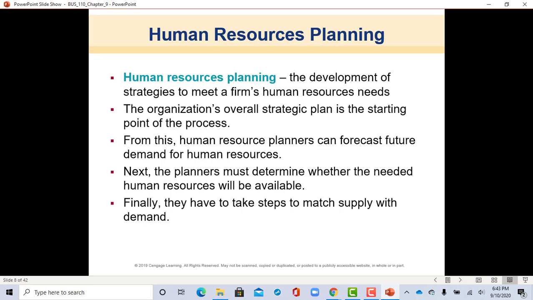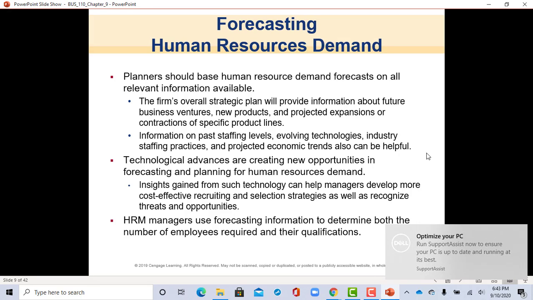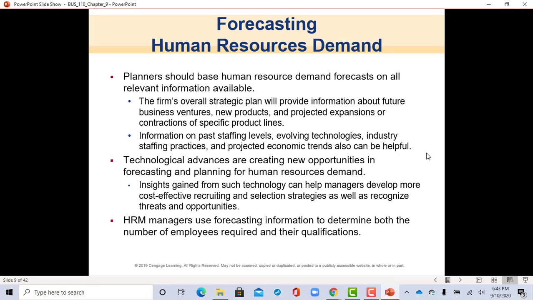Human resources planning starts with estimating how many employees will be needed, then estimating how many are available, and then lastly finding ways to match that supply with demand. Human resource planners should gather info internally, externally, and from technological advances.